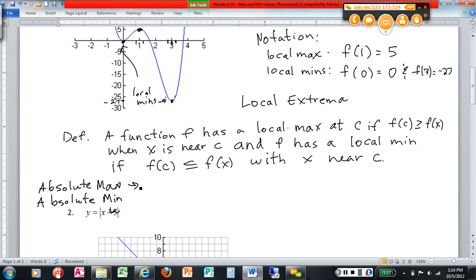Well, an absolute max is this. It's the largest function value over the entire domain, or specified domain, if it's restricted domain.